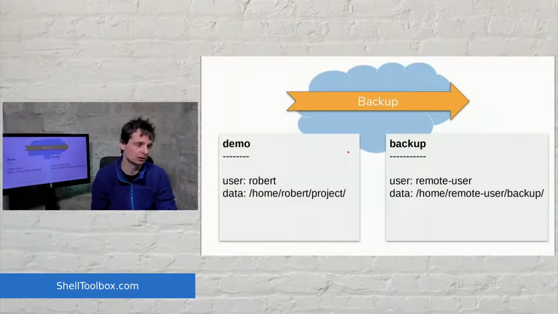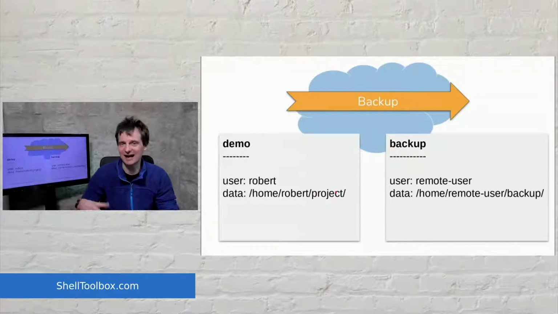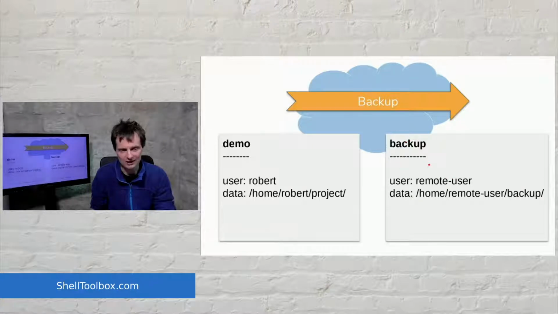On the left system, I'm logged in as the user Robert, and I have my data within the home directory of the Robert user, /home/robert, and there I have a test data set, the directory project. And I want to leverage the right system.